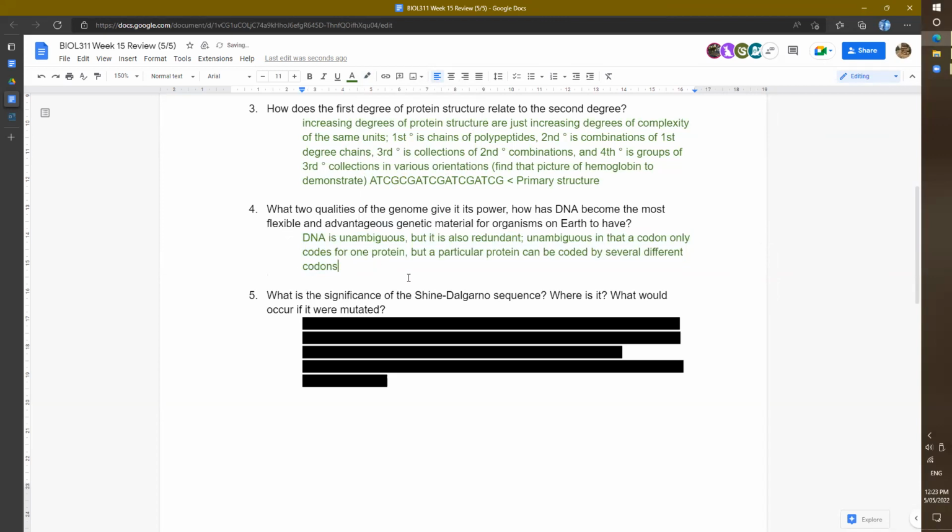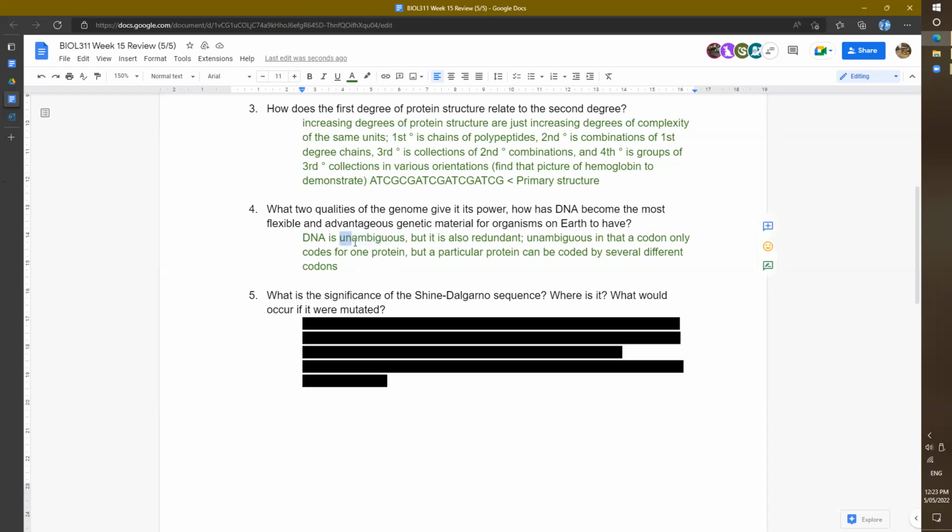So DNA's two most important qualities are that it is redundant and that it is unambiguous. Unambiguity: ambiguous is having multiple different things that can happen, because ambi means multiple or lateral, I think. Never mind, let's not get into the etymology, but if something's ambiguous, it's not certain.